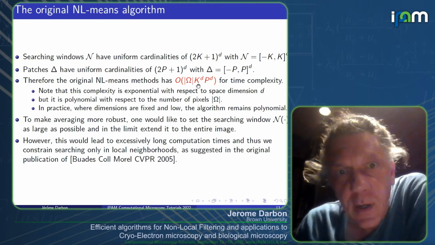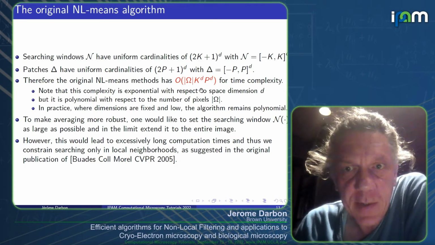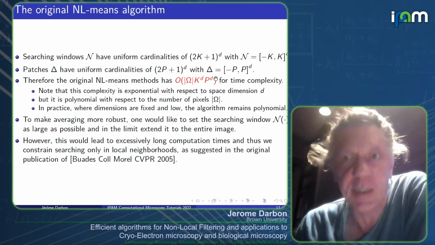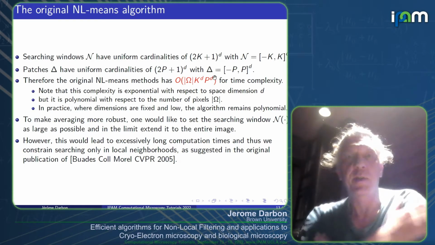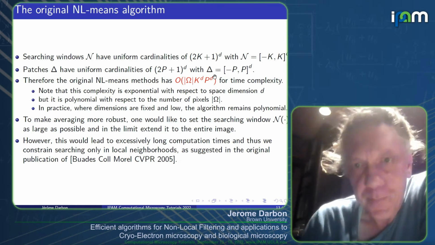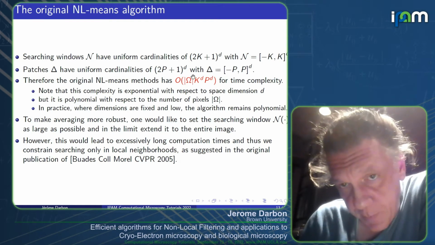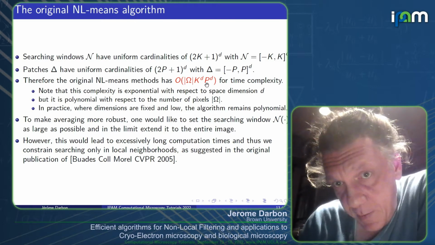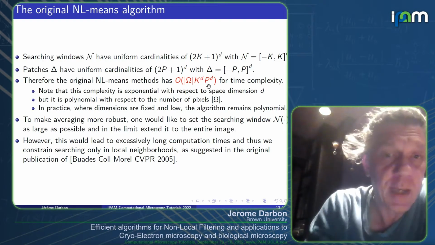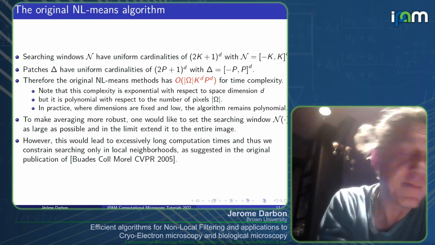But you have an exponential dependence with respect to k and p, at the power d in the algorithm. So when d is small, it may look okay, but in practice, those k power d and p power d make the algorithm potentially very slow.